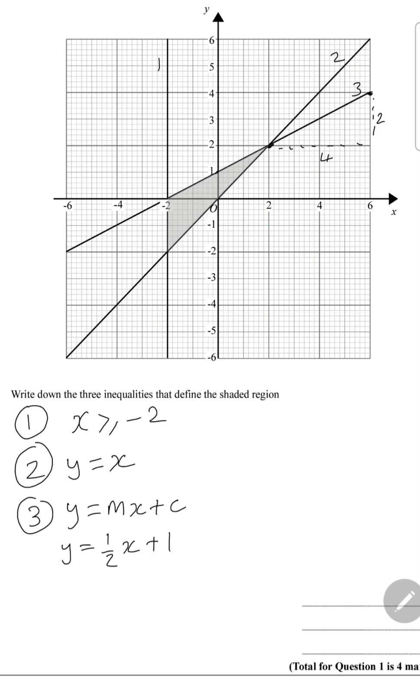So now to do the inequality, if you look at y equals x, for that line, we need to be above. So you can just choose a coordinate that lies within the shaded area.